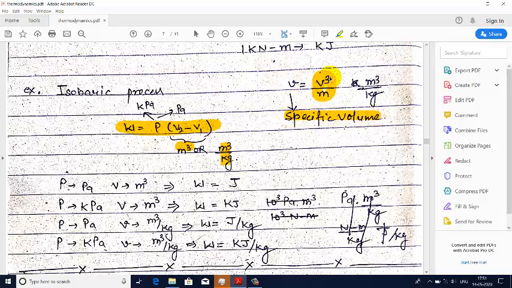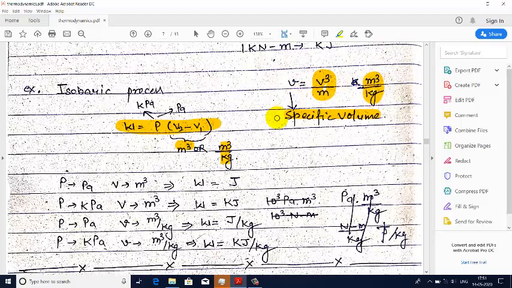Here this is not v cube, this is only v. I make a lot of mistakes, you should correct it. There is only v, not v cube. So when we divide volume by mass, it is known as specific volume, and it is denoted by small v. The unit of specific volume is meter cube per kg.